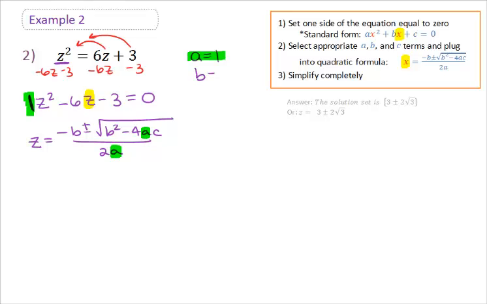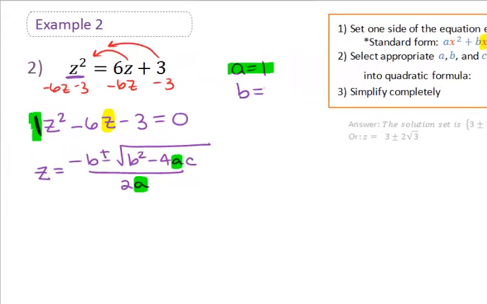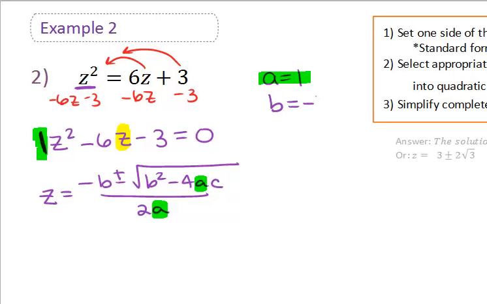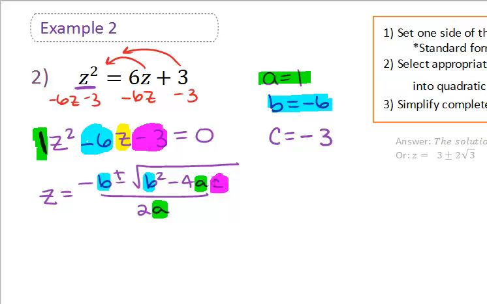My b variable is the negative 6. Do not forget to carry a negative along with it. So this is my negative 6. That's my b variable. And I'm going to put it for any place I see a b. And my c variable is a negative 3. Again, don't lose the negatives with your numbers there. And that goes in for my c variable there.